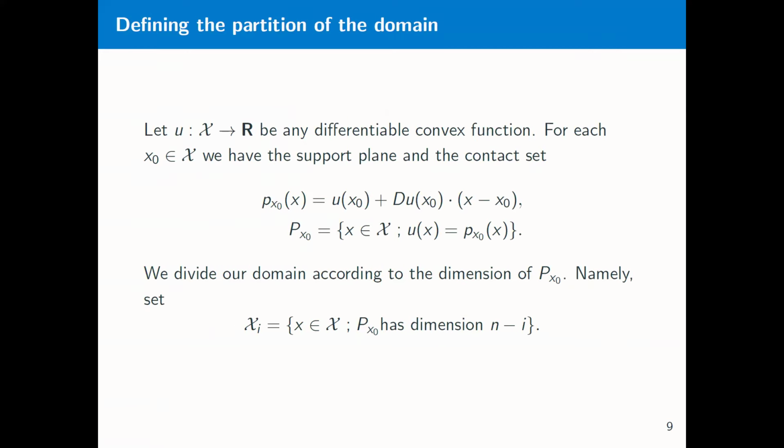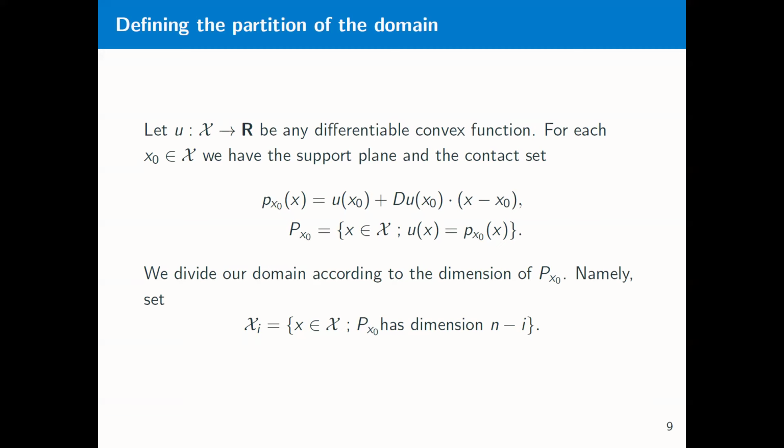So in analogy to the obstacle problem, when you want to study the obstacle problem, you split your domain into two regions. One where you're touching the obstacle, where the obstacle condition is binding, and one where you lie strictly above the obstacle, where that condition is not binding. We're going to do the same thing, but with regards to convexity as opposed to the obstacle. So for any convex function, we can take our support plane at a point.